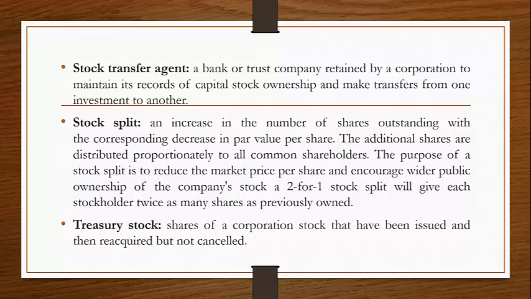This scenario is called a stock split, and normally it is mentioned like 2 for 1, 2 shares for 1 share, or 4 for 1, 4 shares for 1 share. If the share price is 100 and it is split 2 for 1, each resultant share will be worth 50. If it is split 4 for 1, it will become 25 each, so there will be 4 shares of $25.